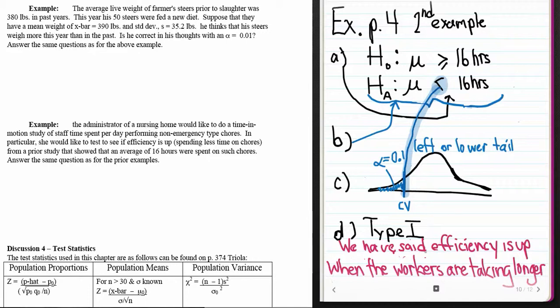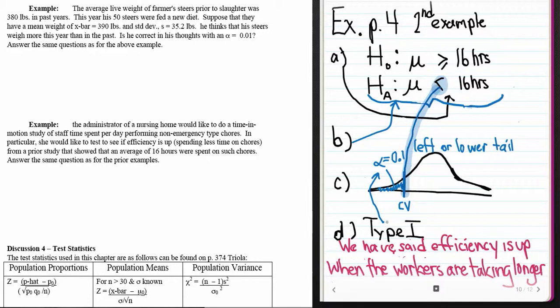Now a type 1 error here would be that we have said that the efficiency is up when the workers are actually taking longer than that 16 hours. Now again, remember, the type 1 error is the more serious error, and that's why we control it with our alpha. Remember, alpha is the probability of a type 1 error. So we've said that efficiency's up.